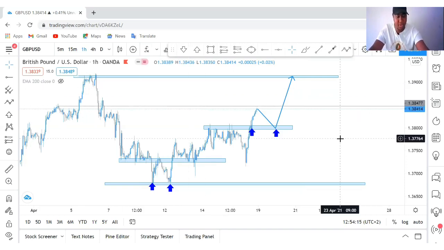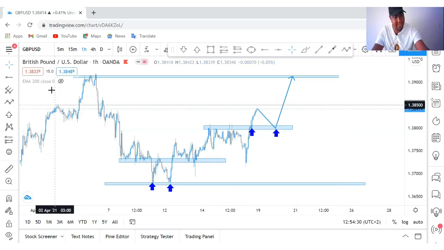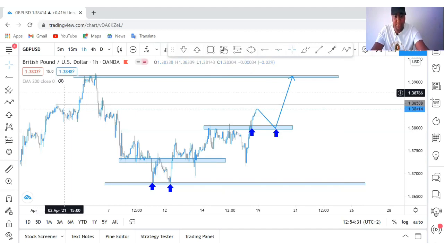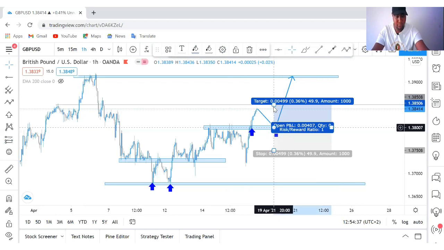This is just me communicating my bias based on my style of trading. As you can see, I am teaching you at the same time, and I'm also sharing my trade idea. I'm anticipating that GBPUSD is going to be long when it comes to the long term.